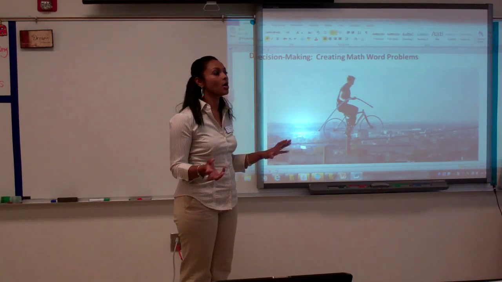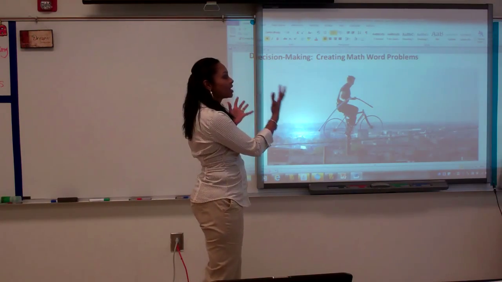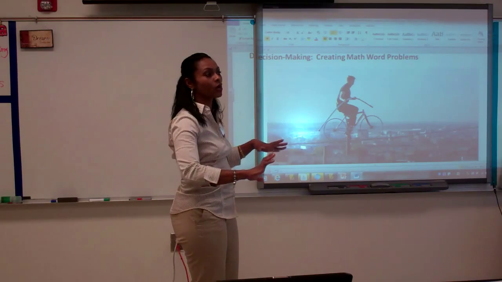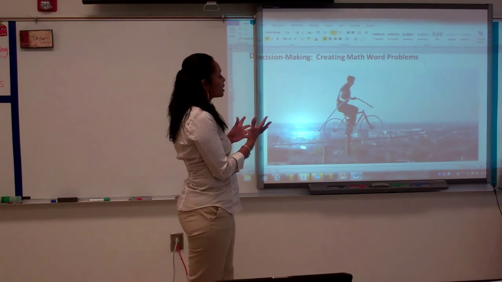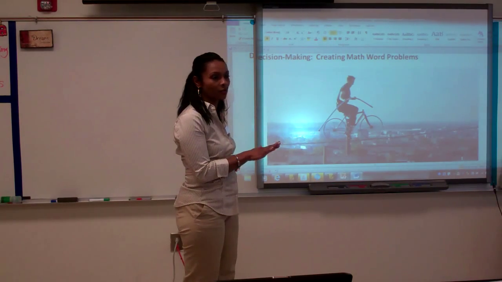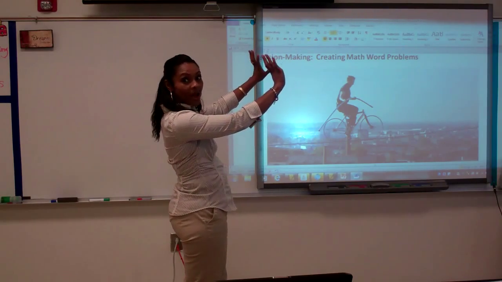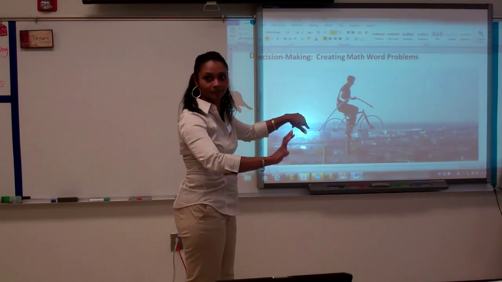As I analyze this photograph in the context of math, what perspectives am I interested in? First of all, let me go from the perspective of a spectator down on the ground looking up at this guy riding this bike.